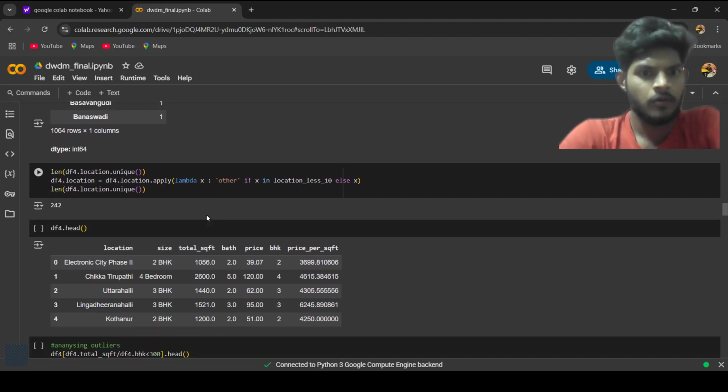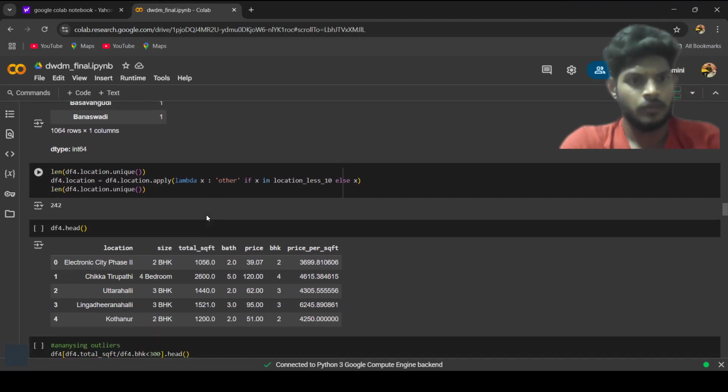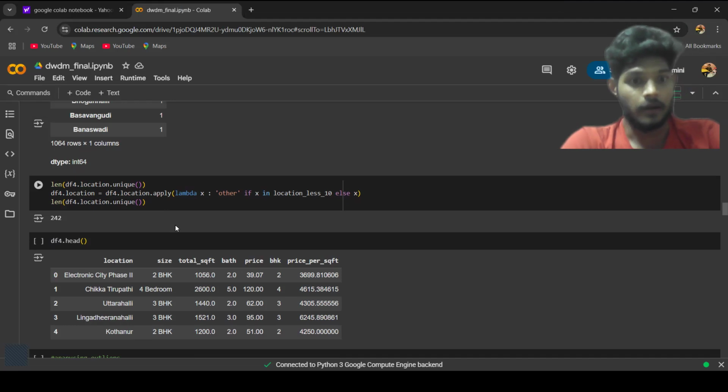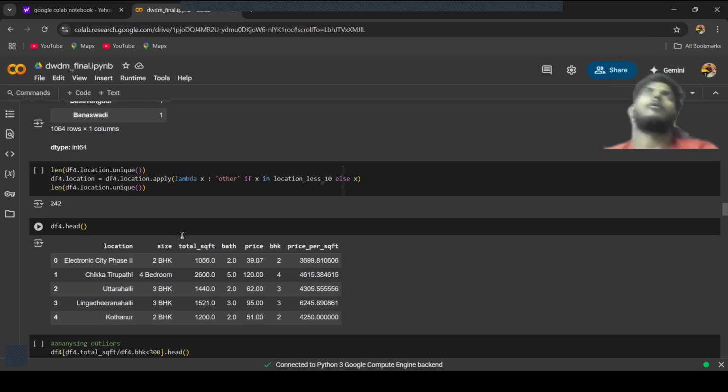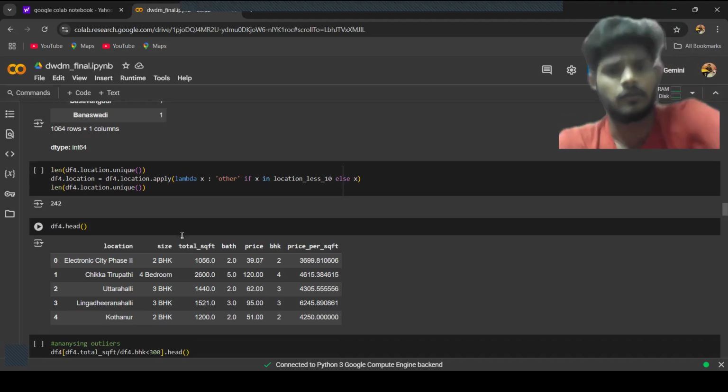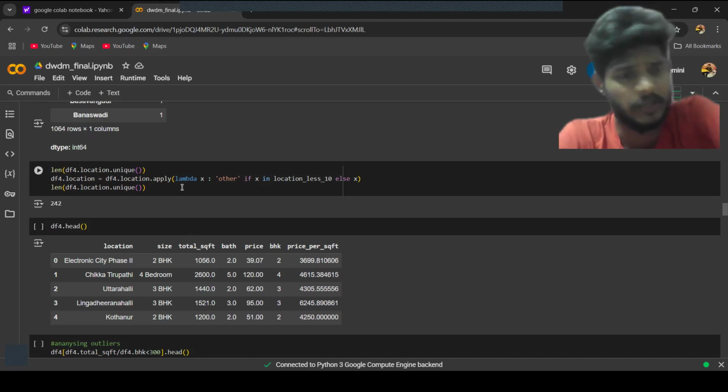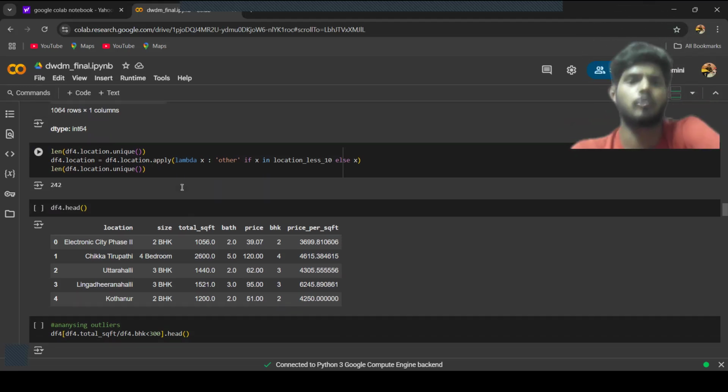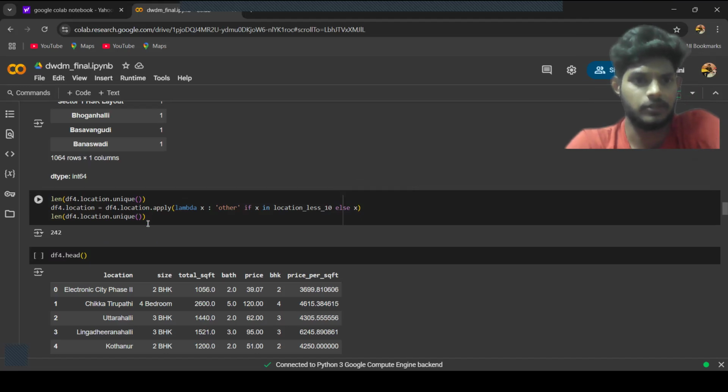I told you before, because the count is very low, that means they are completely outliers. We can add them to the others field also, and this is the code written for that.